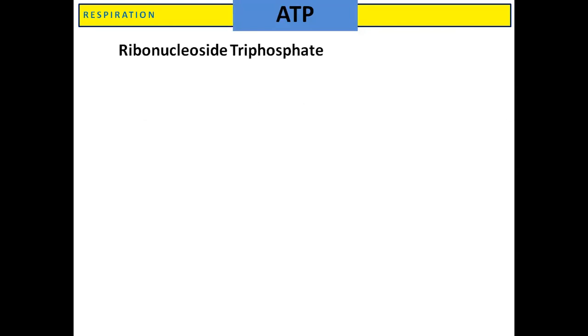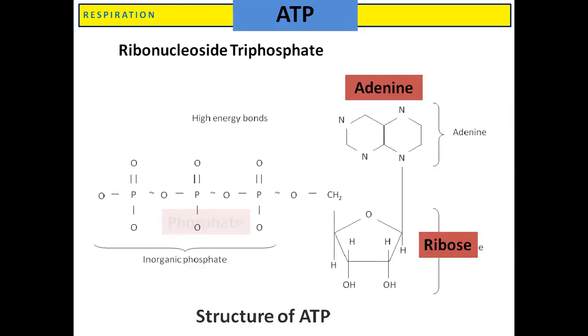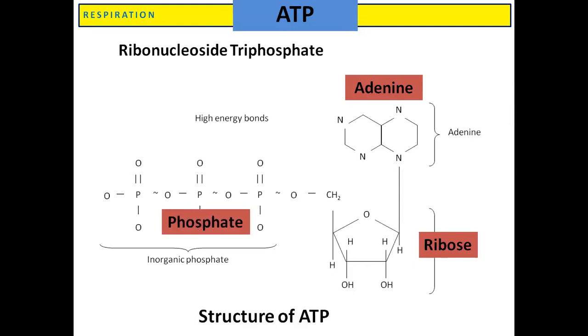This ATP, we can call it a ribonucleoside triphosphate. Now, this ribonucleoside triphosphate consists of ribose sugar, adenine, which is a purine derivative, and phosphate.